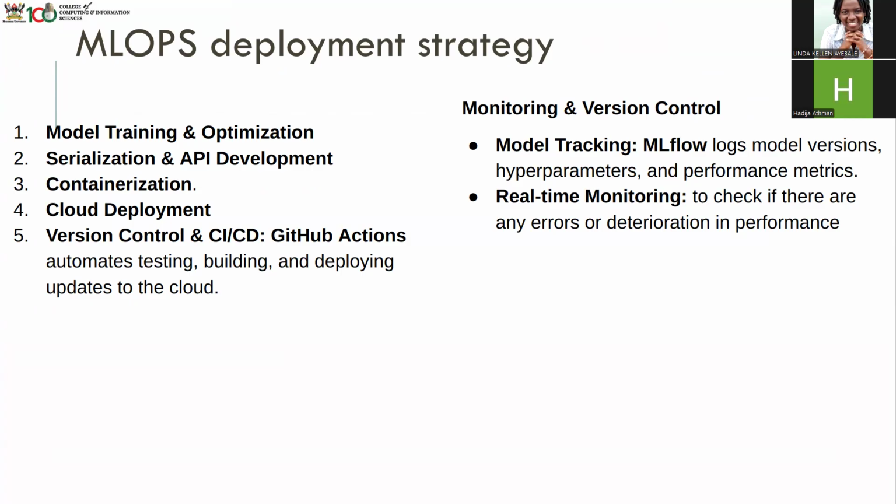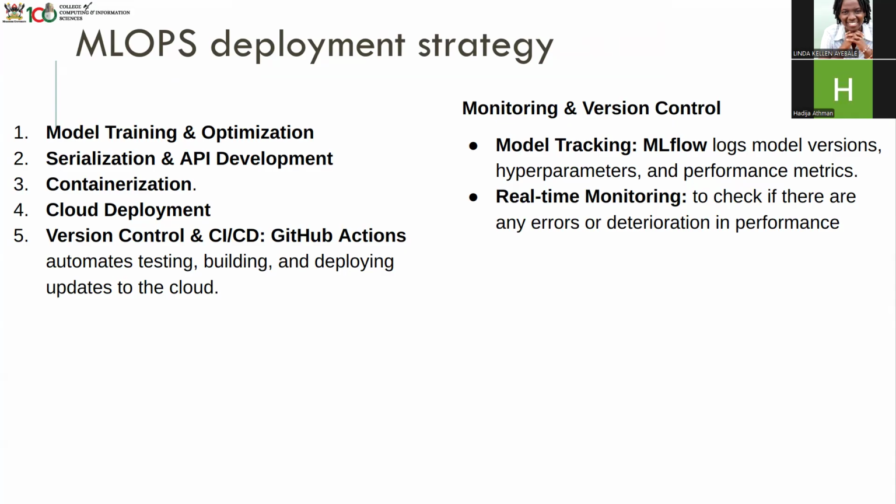So here is our MLOps deployment strategy. Initially, in the pipeline, we start with model development and training, then optimization. This is where we analyze all the models we built and pick out the best performing models.